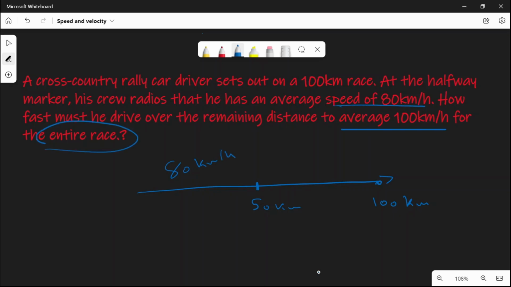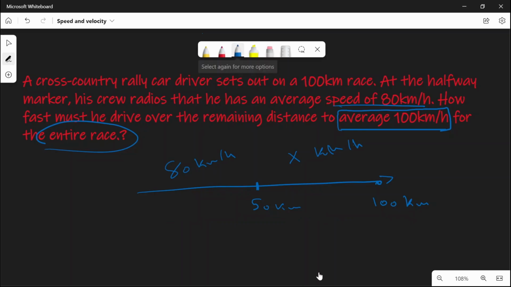So he wants us to find the speed of the second part of the race, let's say x km per hour, that will lead to an average speed of 100 kilometers per hour for the entire race.